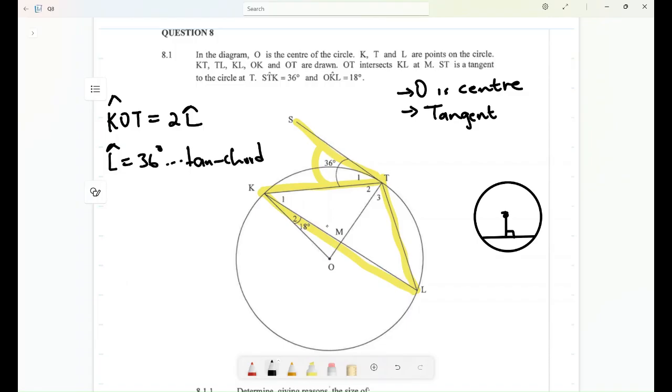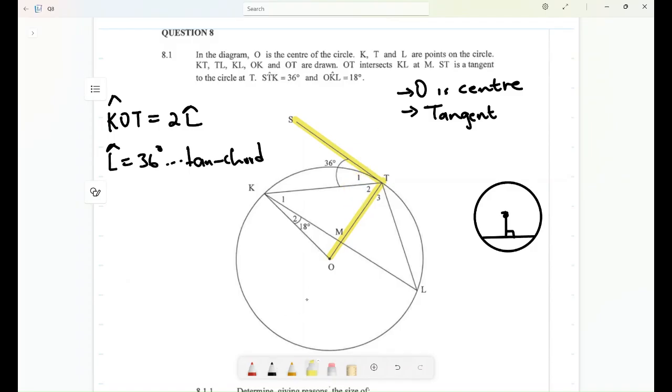I move on, and another theorem says if I'm having a tangent, the tangent is perpendicular to the radius. So if I'm having a tangent passing through point T and a radius touching the tangent at point T, the angle they make is 90.